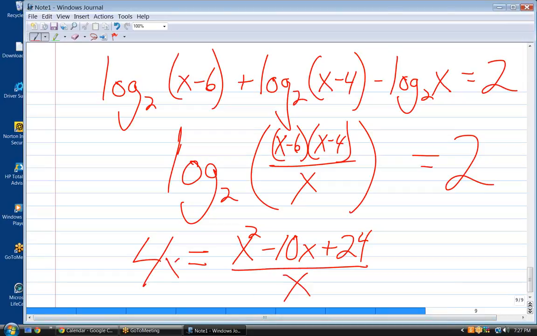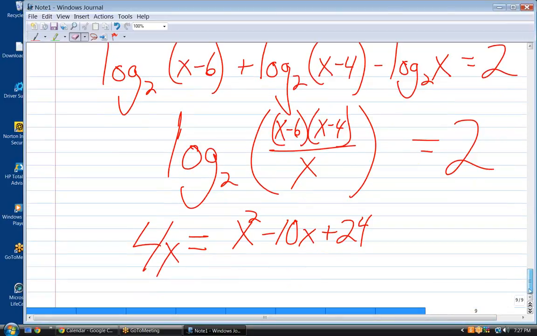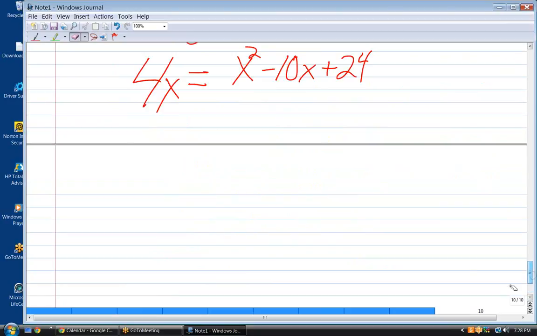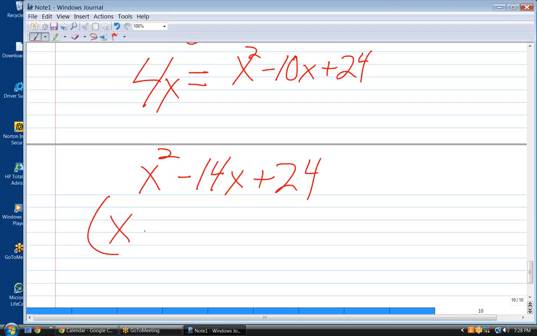Multiply both sides by x. Solve that quadratic. Let's see if that factors easily. What do I get? I get x squared minus 14x plus 24 factors into x minus 12 times x minus 2.